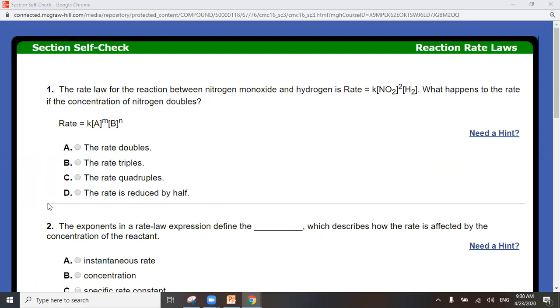What happens to the rate if the concentration of nitrogen monoxide is doubled? Hussein, can you use annotate and write the answer?